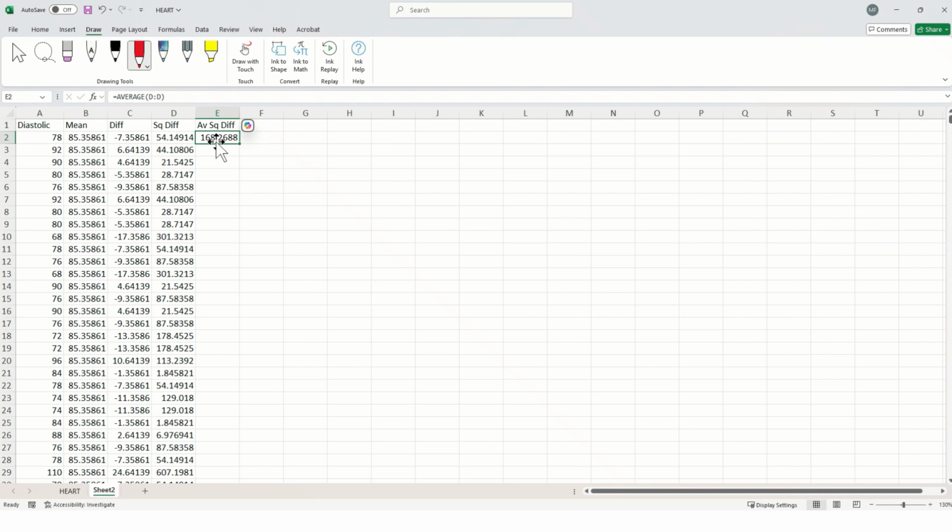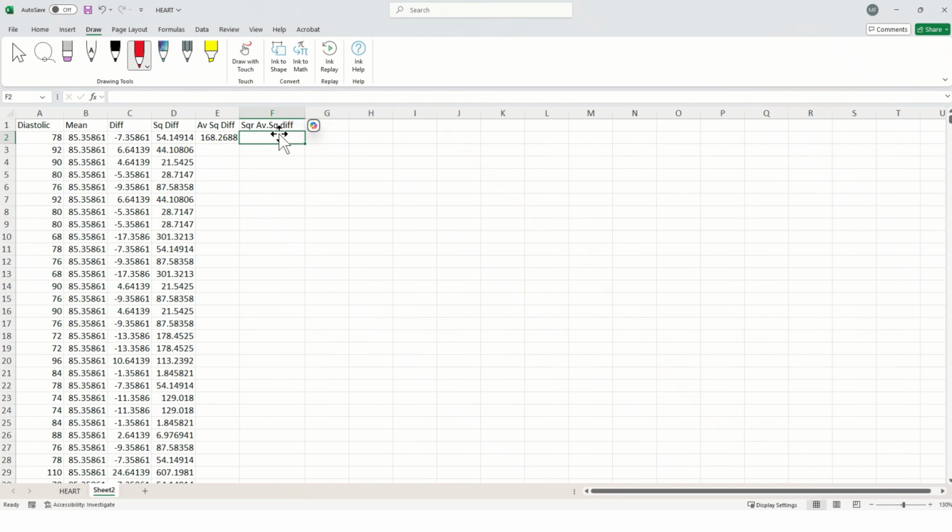millimeters of mercury square. It is not a very intuitive value, but if we take the square root of the average squared difference, this value should give us some useful information.